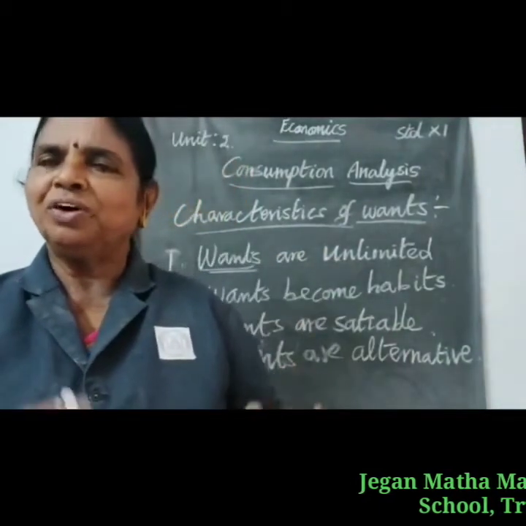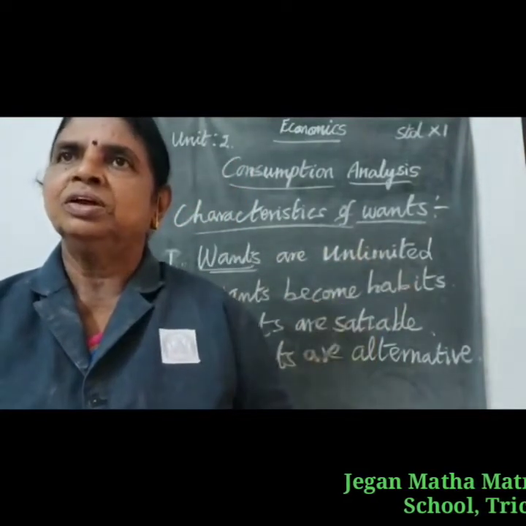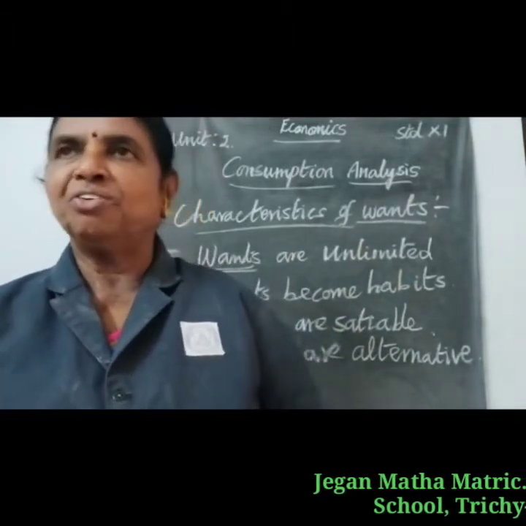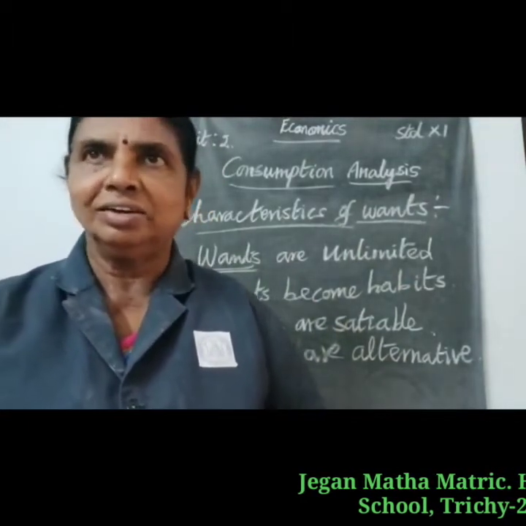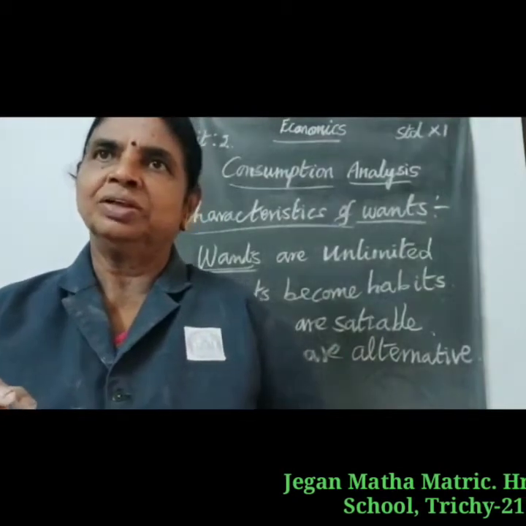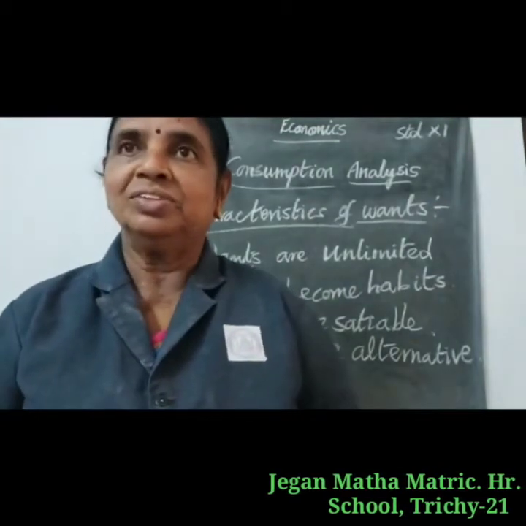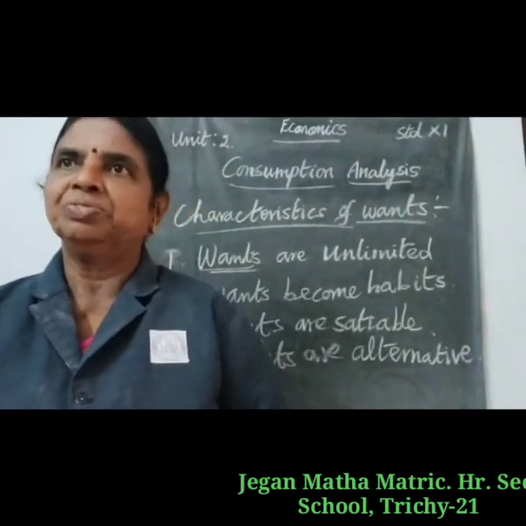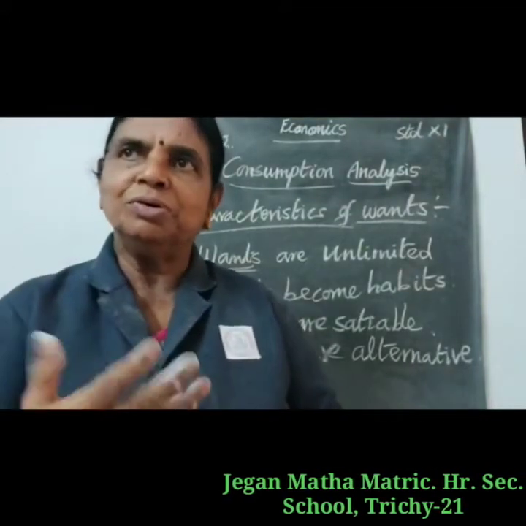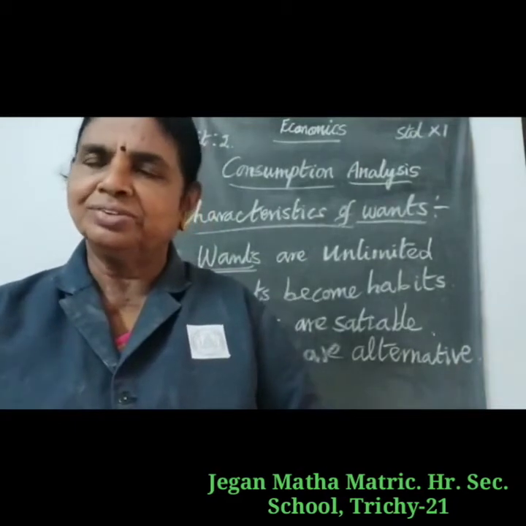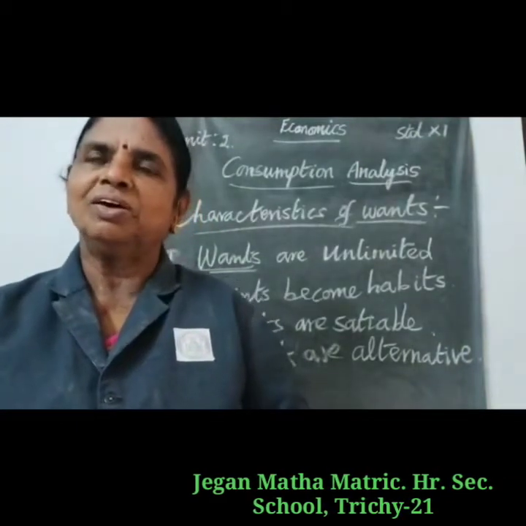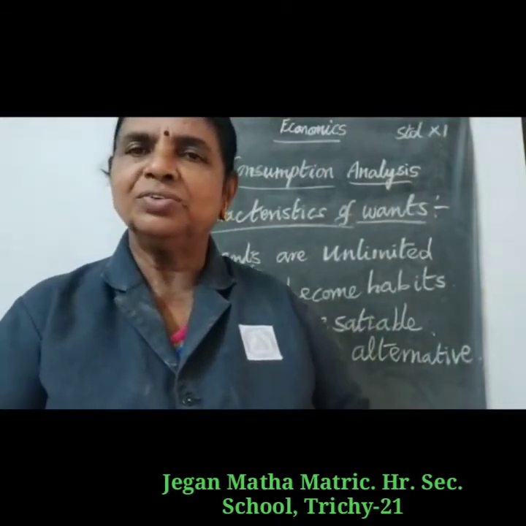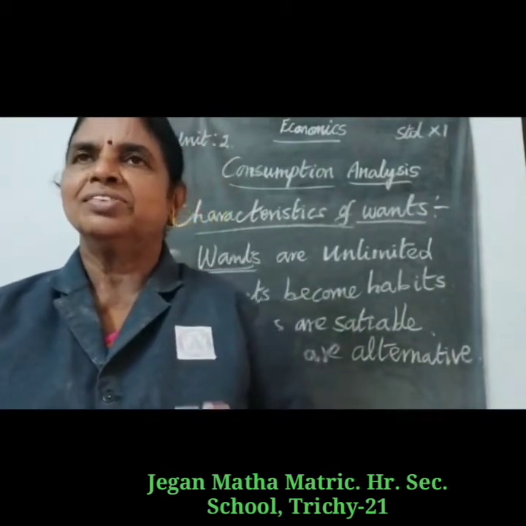A want for a hot drink may be satisfied with tea, coffee, milk or any other hot drink. In the same way with breakfast, we can have idli, dosa or chapati. These alternative goods or methods are called substitutes.